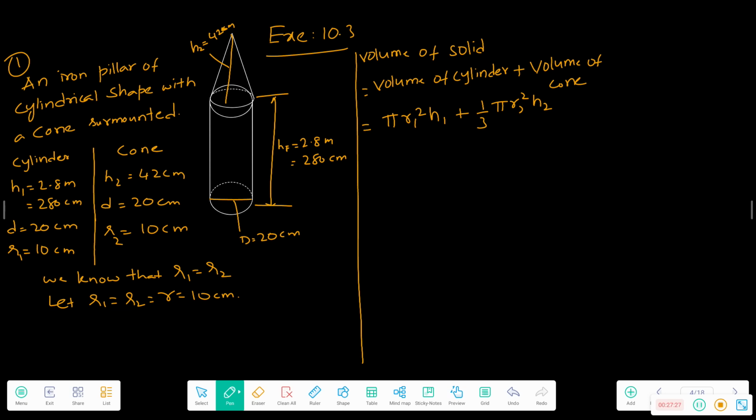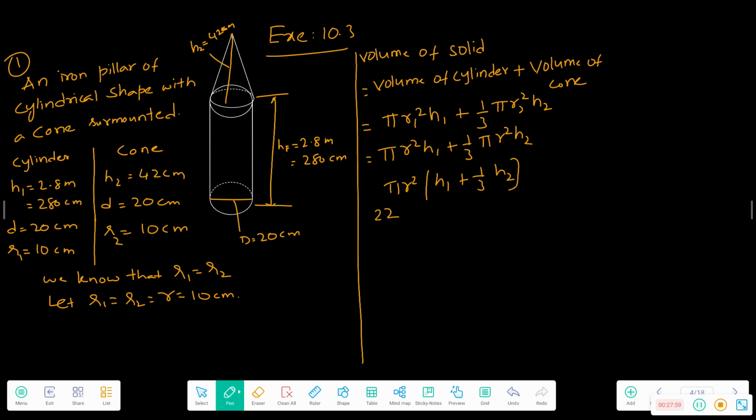We know that r1 and r2 are one and the same. Let us take pi as 22/7. So pi r square h1 plus 1/3 pi r square h2. Taking pi r square as common, it becomes pi r square times (h1 plus 1/3 h2).